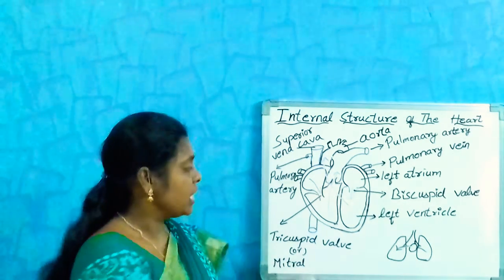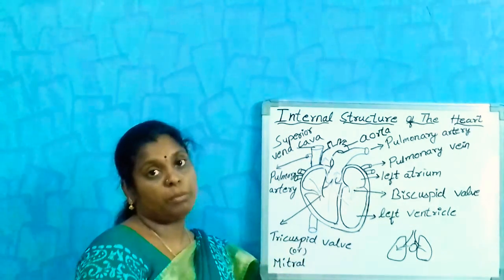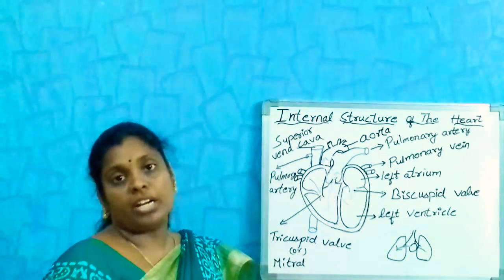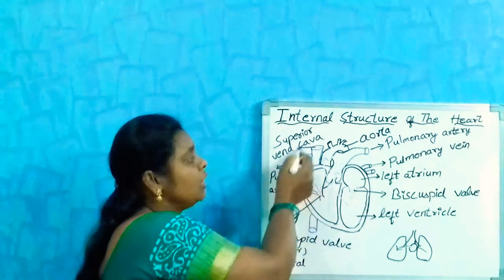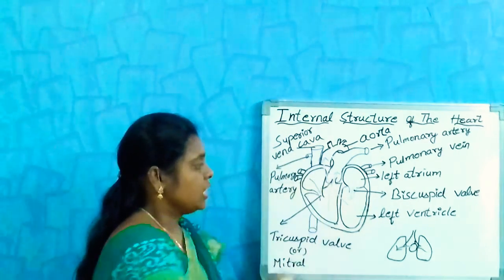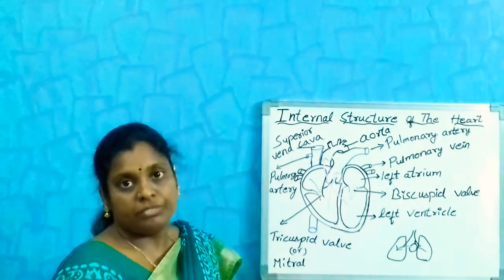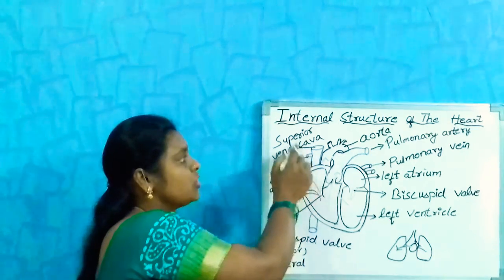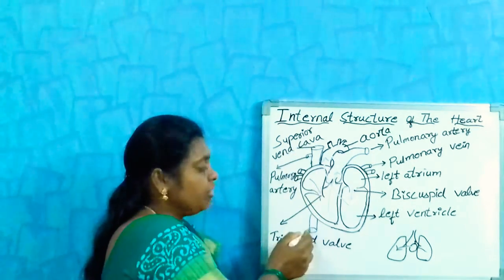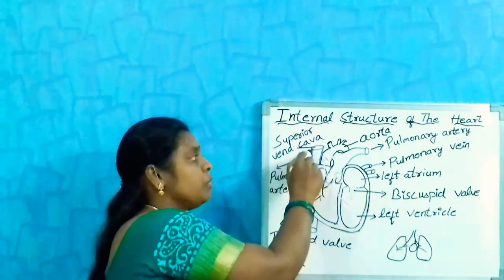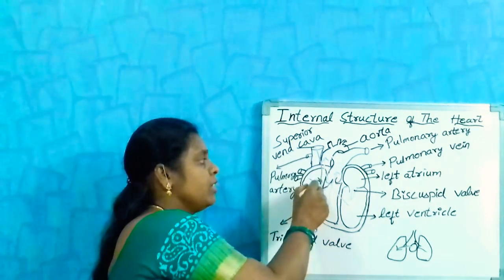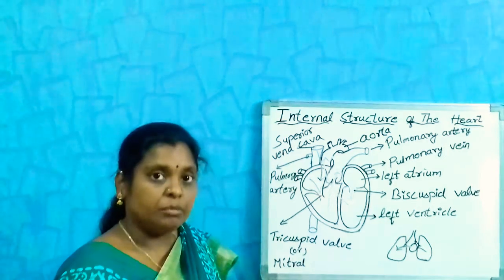Whereas the inferior vena cava brings deoxygenated blood from the lower parts of the body. Both bring the deoxygenated blood into the right atrium.